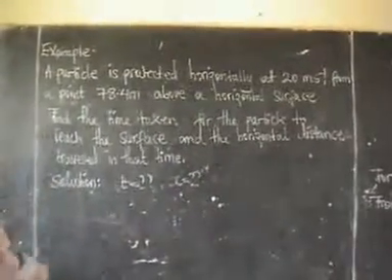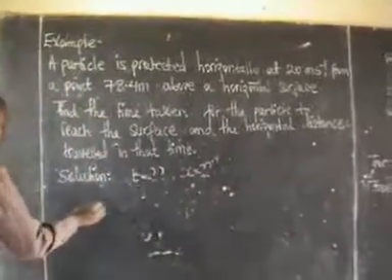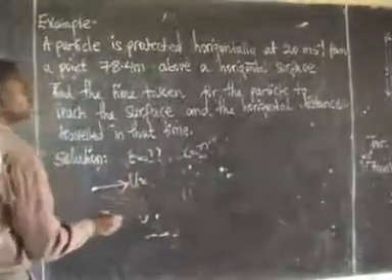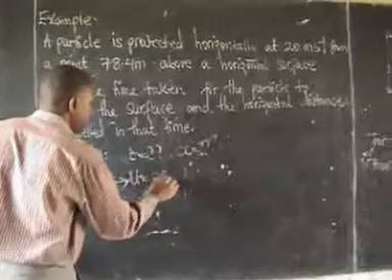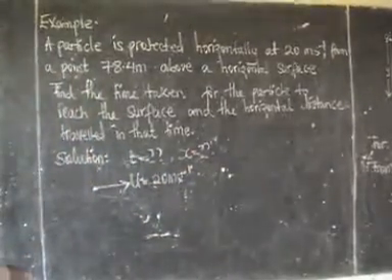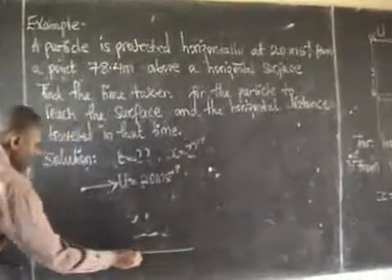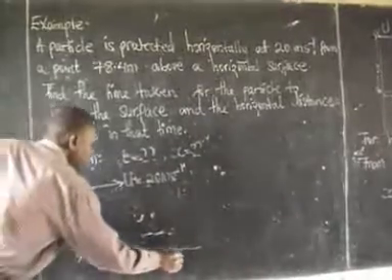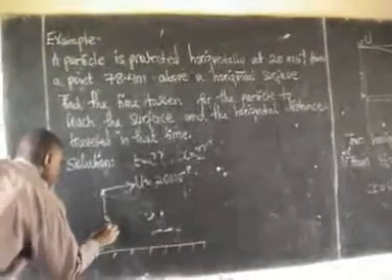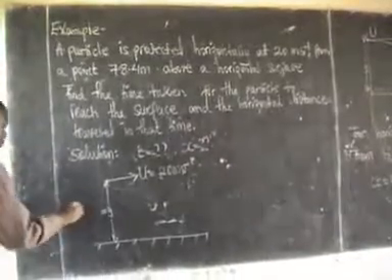So let's sketch. If this is our particle, projected horizontally, that is the initial velocity u, equal to 20 meters per second. The point is 78.4 meters above the horizontal surface. If this is our horizontal surface, then this distance here, which I'm going to call y, is given as 78.4 meters.